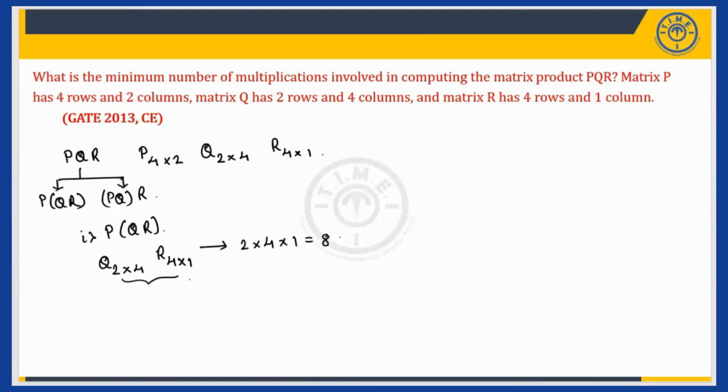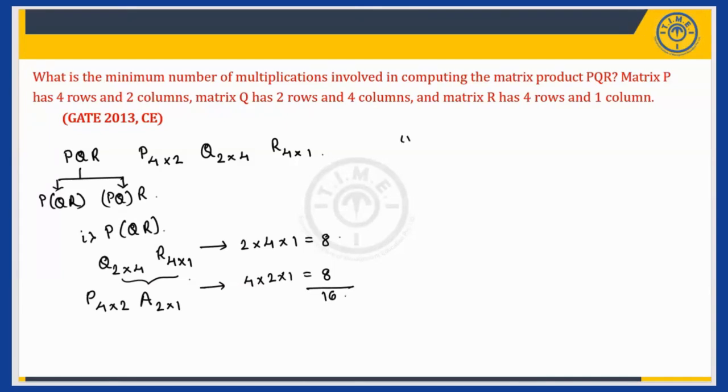Say the result is A, of order 2 cross 1, and P is of order 4 cross 2, then the number of multiplications is 4 into 2 into 1, which is again 8. So the total number of multiplications is 16.